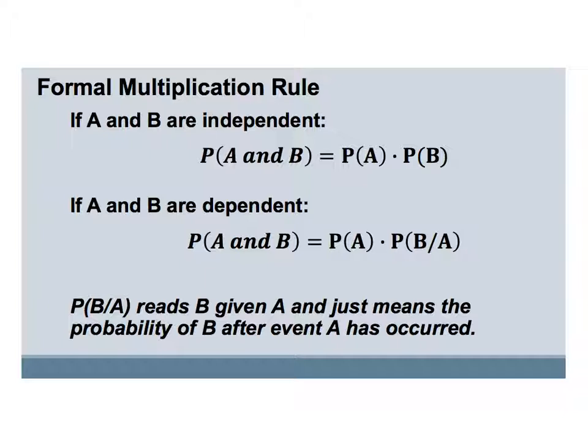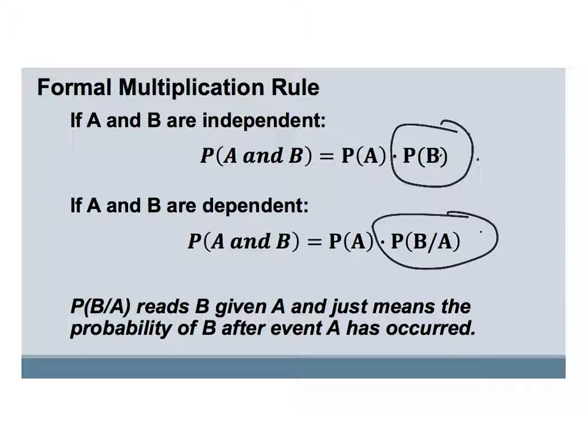If A and B are independent, I just straight multiply them, no problem. If they're dependent, I still just straight multiply them. But this and this would not be the same numbers.